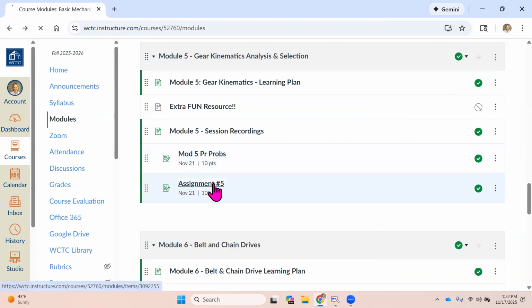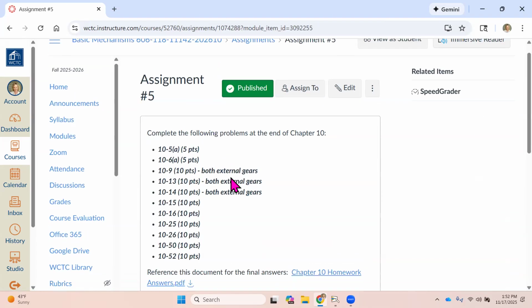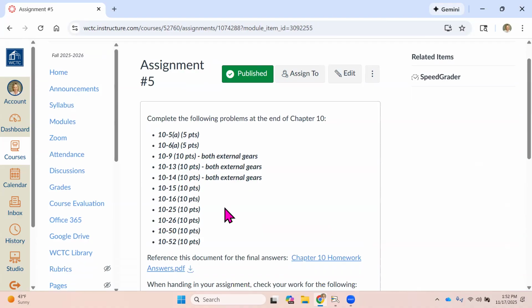And then if we look at assignment number 5, the problems that you can work, you can do all of the problems through 10.16. Now notice that I have some notes here. For 9, 13, and 14, the problem statement says internal gears.